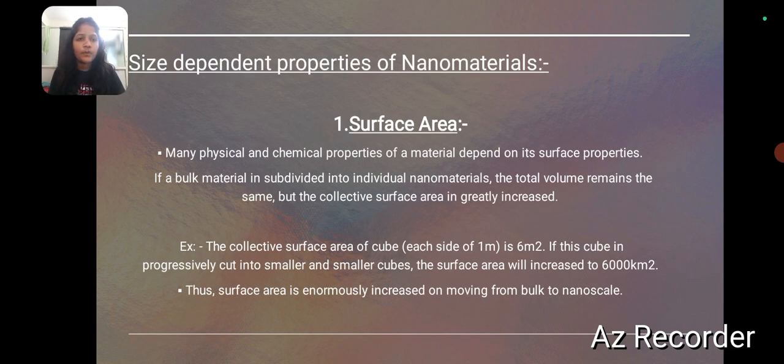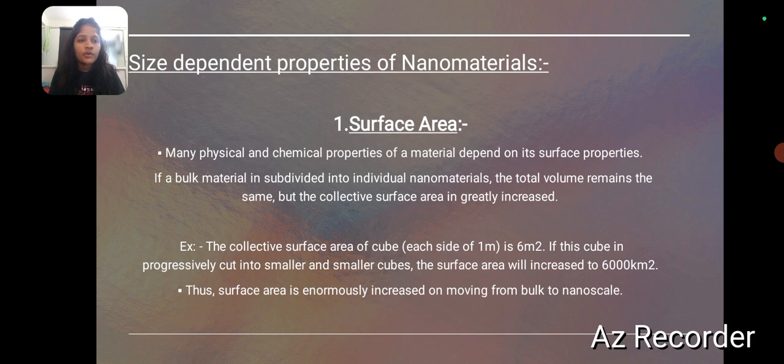Size dependent properties of nanomaterials. Surface area. Many physical and chemical properties of a material depend on its surface properties. If a bulk material is subdivided into individual nanomaterials, the total volume remains the same, but the collective surface area is greatly increased. Example: the surface area of a cube is 6 meter square.